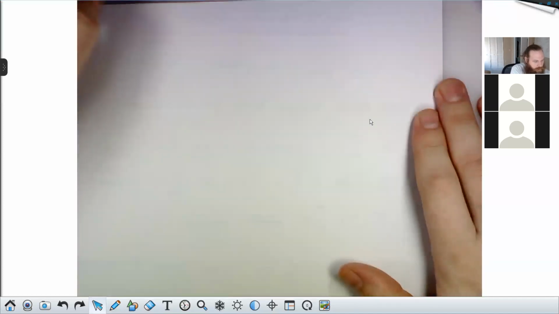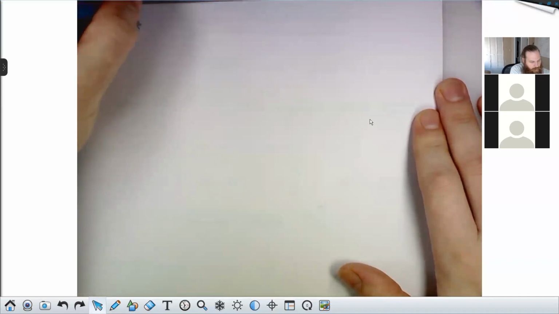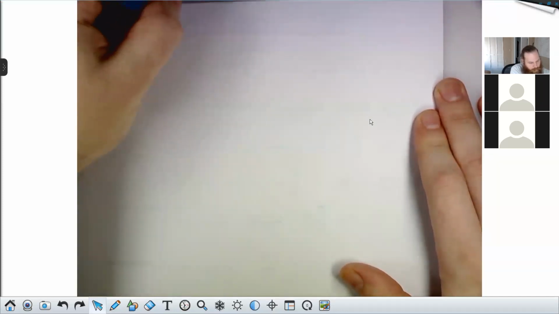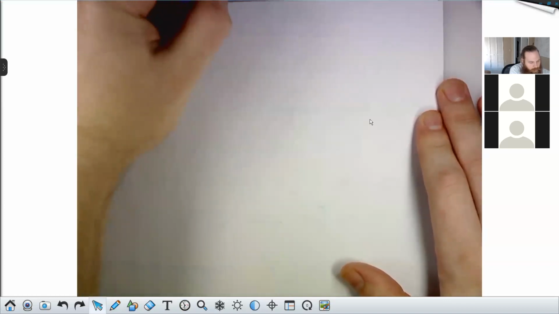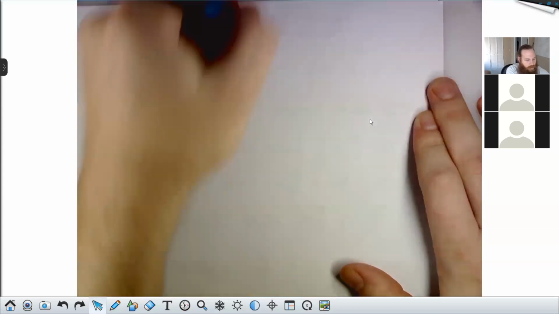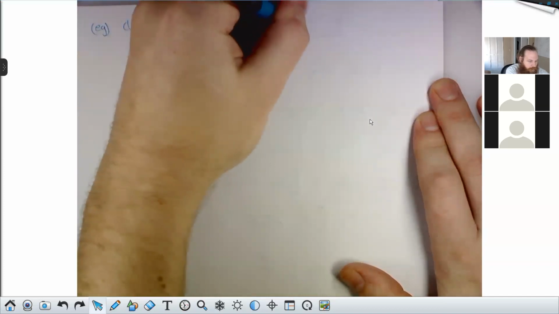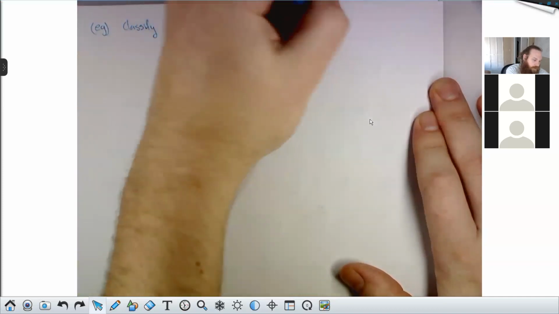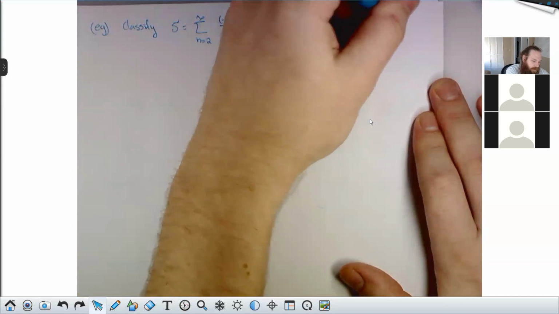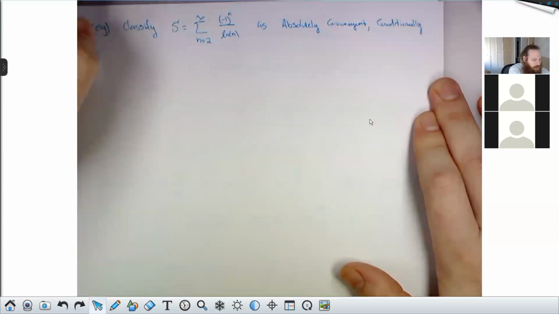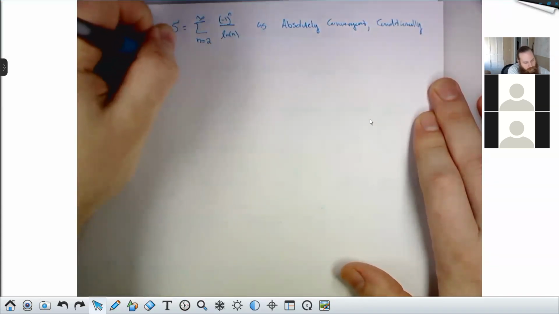Let's try to classify the series sigma from n equals 2 to infinity of (-1)^n divided by the natural log of n, as absolutely convergent, conditionally convergent, or divergent.